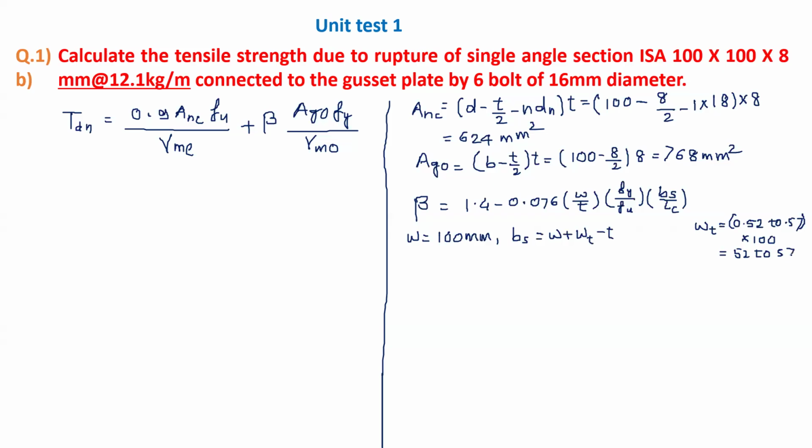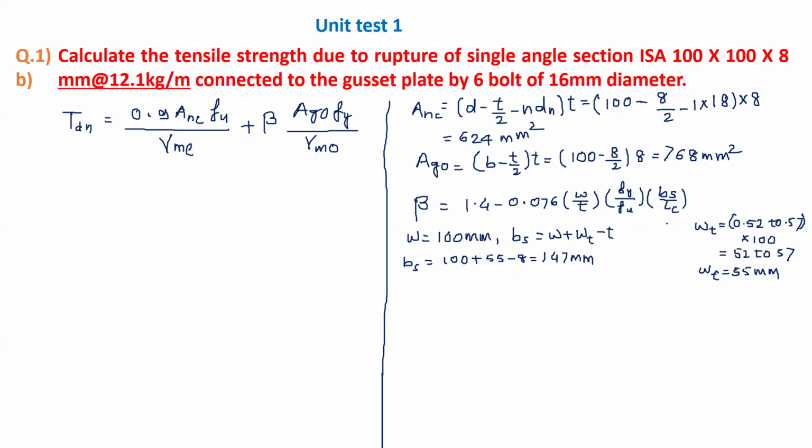So you can take this value w_t equal to 55 millimeters. So if we put it here, then we will get the value of b_s equal to 100 plus 55 minus 8, and we get this value 147 millimeters.